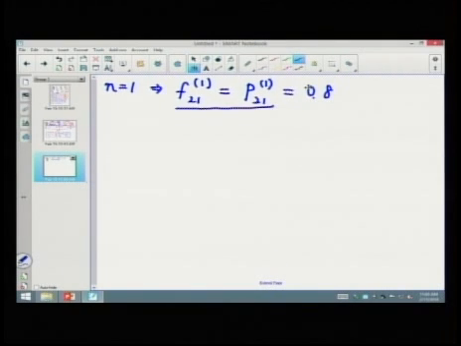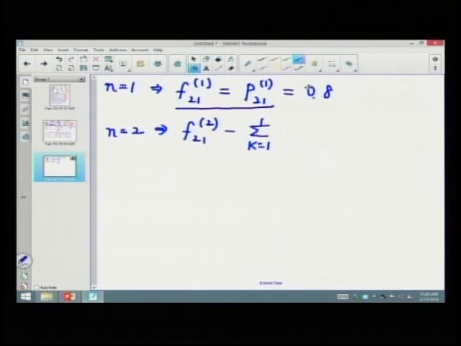All right? Now, if n equals 2, what do you have? You're going to have f sub 21 to the 2nd power equal to p sub 21 squared minus the sum over k equals 1 to 1 of p sub 11 to the 2 minus k times f sub 21 to the k.